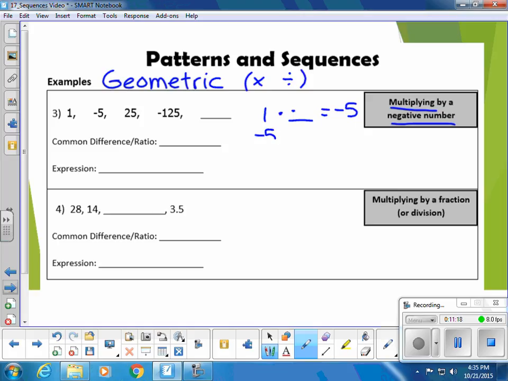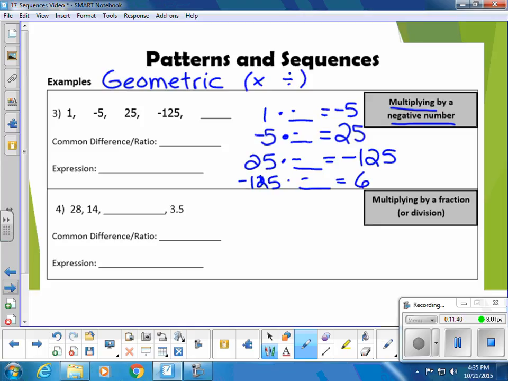Then I'm at negative 5, I multiply by that same negative number, and I get a positive 25. Then I start at 25, multiply by a negative number, and get a negative 125. Then I started at negative 125, multiply by that negative number, and I get a positive, I'll give it to you, 625.